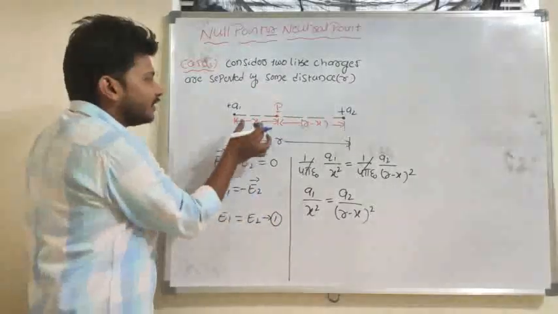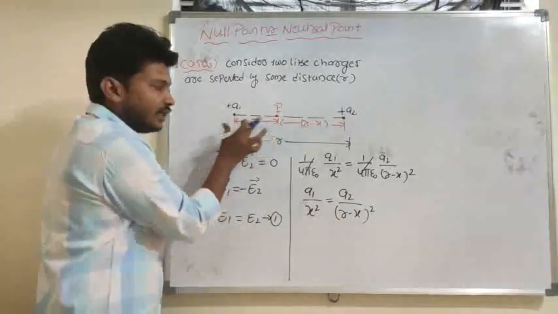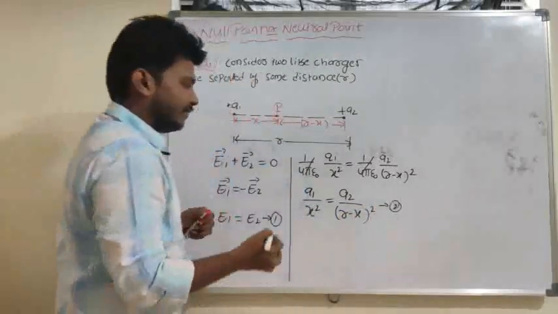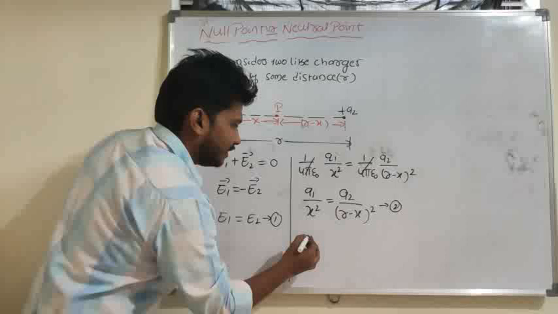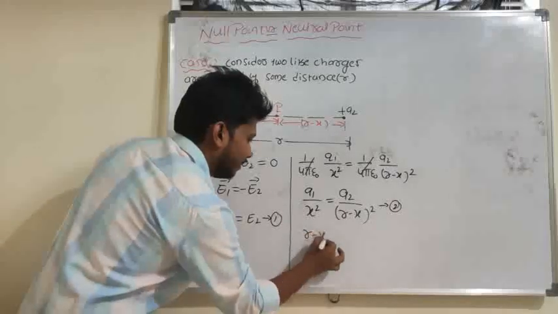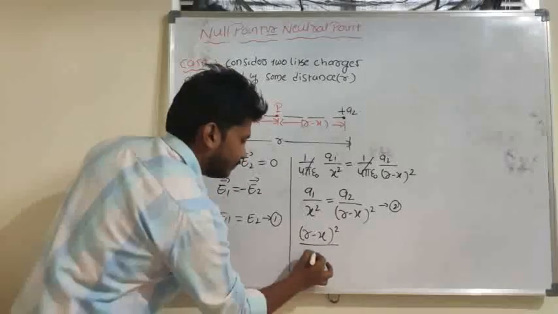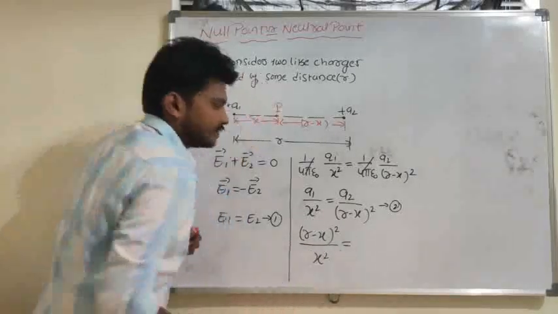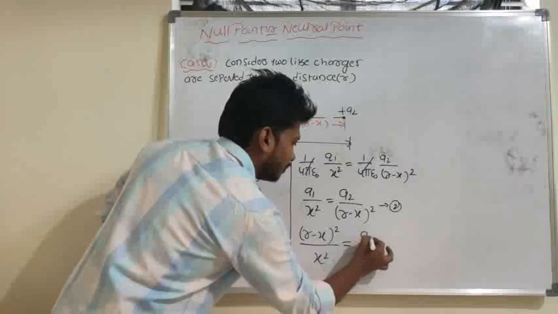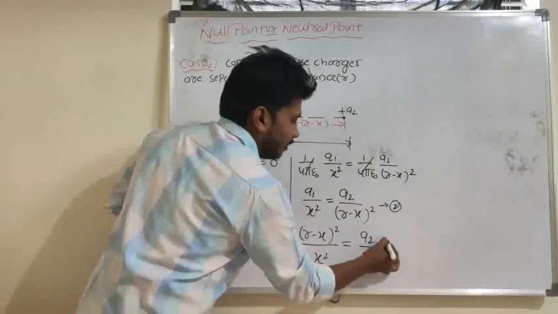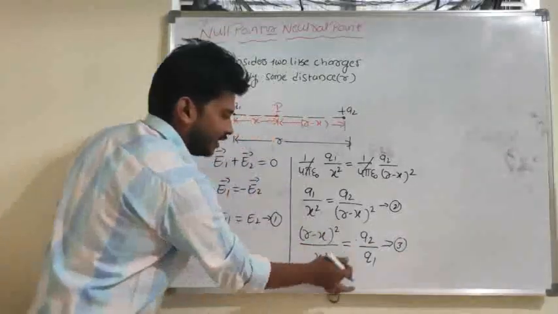What is my intention here? My intention is to find the value of x, so I will simplify this equation. I will rearrange the terms: (r minus x) whole squared divided by x squared is equal to q2 by q1. Now I will take the square root of this equation.